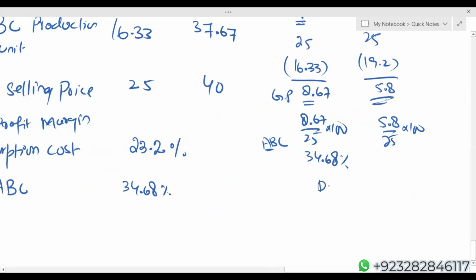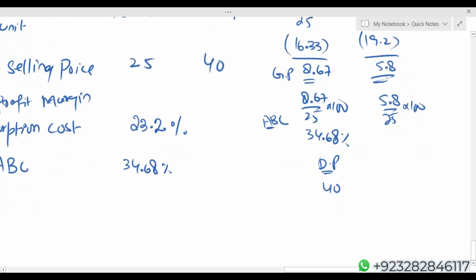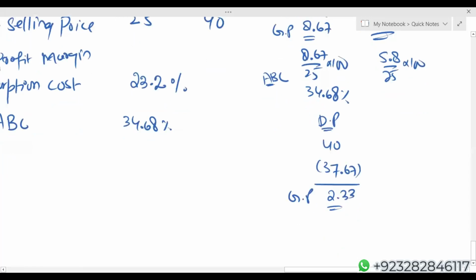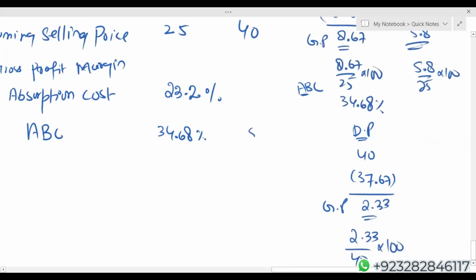Now let's talk about double plus. The selling price is 40 and under ABC the production cost is 37.67. 40 minus 37.67, I'm getting 2.33 gross profit. So 2.33 divided by 40 into 100, I'm getting 5.825%.